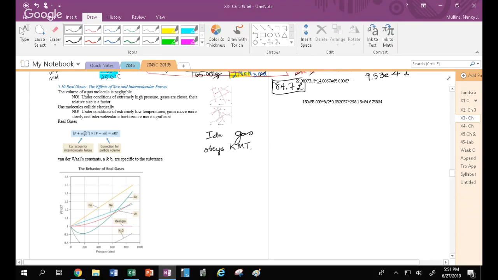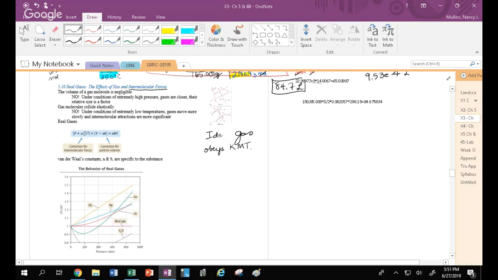Why would it not be true? What if they actually do interact a little bit? What if there are intermolecular forces that are acting on the particles? One condition that will cause it to behave non-ideally is if we were to pressurize the gas.